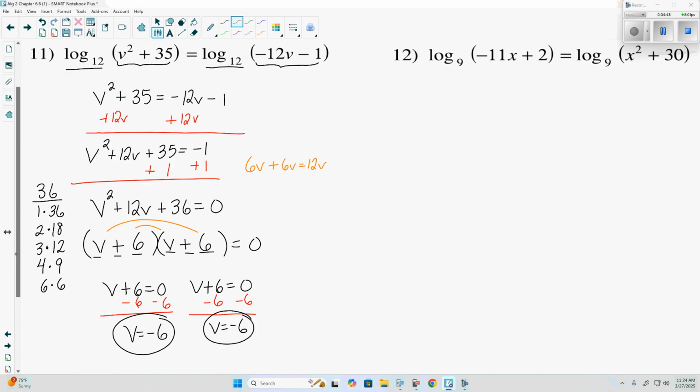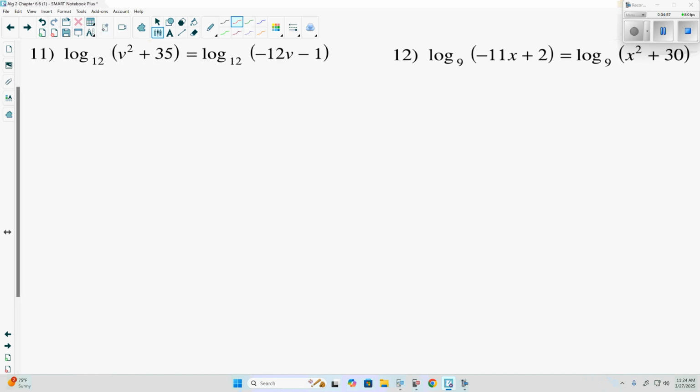Now again, we said what's inside logarithms cannot be negative or 0. So if we go back and check it, log base 12 of negative 6 squared plus 35 has to equal log base 12 of negative 12 times negative 6 minus 1. And let's see if they are the same and positive. Now on the left-hand side, negative 6 squared, negative 6 times negative 6 is going to be positive 36.